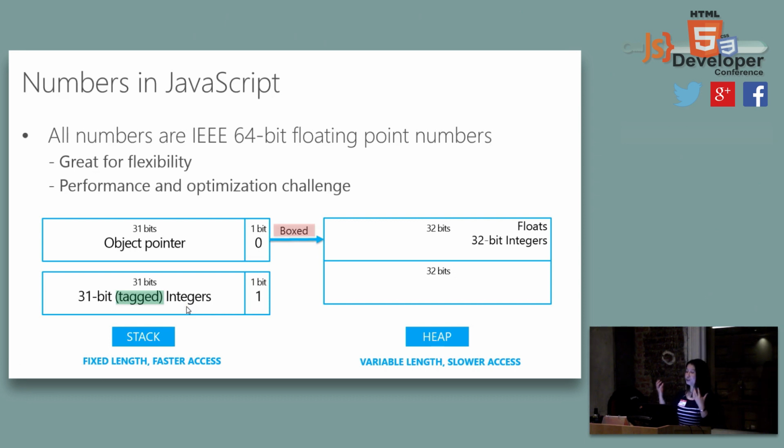And when your particular object type is not an integer, you may look into floating point, a string, or some other things, then it will go beyond 32 bits. So what it will do is it will have to move from the stack into the heap, because heap is larger, right? The length is longer, but the access is slower.